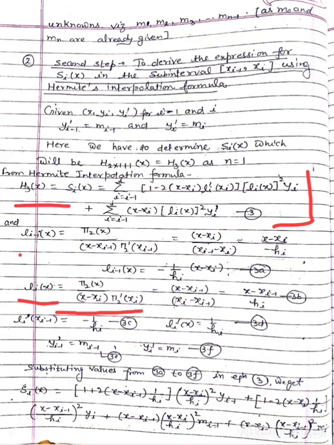So Li minus 1 x will be equals to pi 2x over x minus xi minus 1 pi 2 dash xi minus 1.